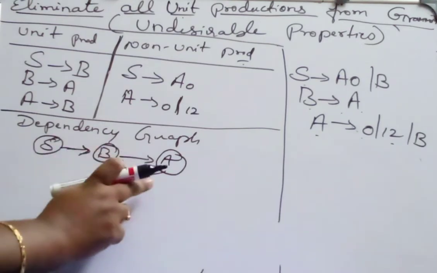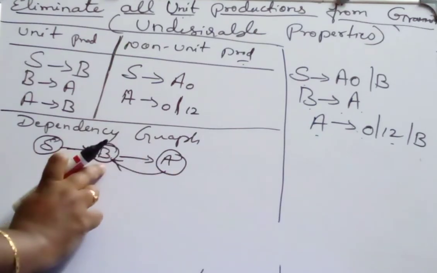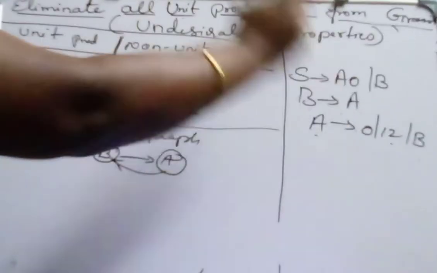What is the first step here? Consider the first production. I want to eliminate A, so I am substituting for B. B derives A, I have, right?